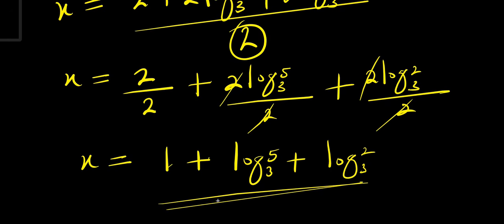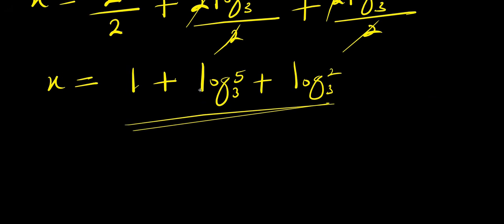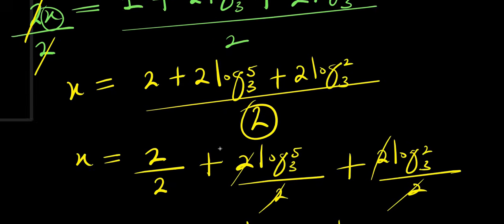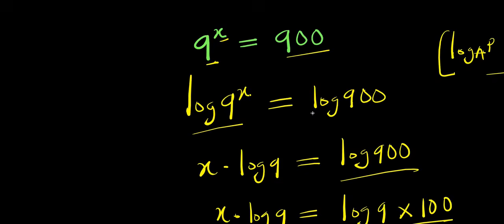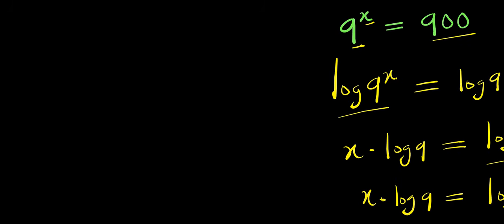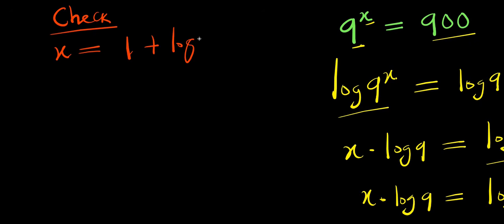Now, let's consider checking if this particular answer will satisfy the equation. We have x equals 1 plus log 5 to the base of 3 plus log 2 to the base of 3.